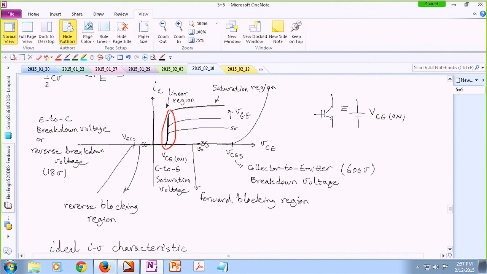But then some people also add a little bit of resistance here as well. Honestly, I haven't seen any data sheets representing a number for this resistance. If you really want to be super accurate, you also have to put a resistor there. But in terms of losses, most of the losses are happening here, because of this part. All right. So yes, in the first step modeling approach, when it is on, it is almost like a battery, basically.